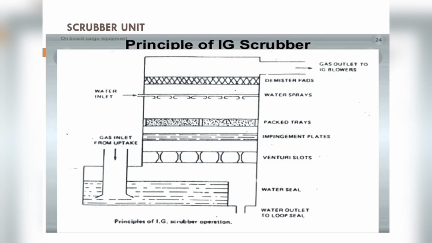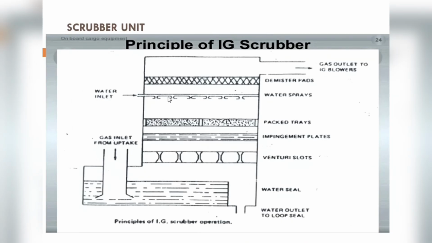So some cleaning and some cooling is done in this pool of water, and you will see this water inlet. The seawater supply is done to the scrubber tower. There are seawater scrubber pumps which are continuously supplying seawater to the scrubber tower when the IG system is working. The supply is from here. It comes down in the form of jets under high pressure.